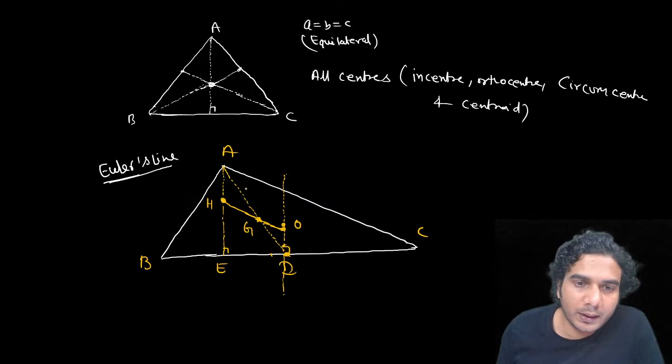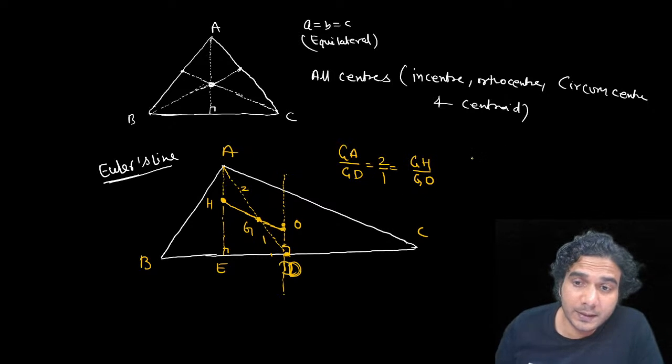And this centroid, you know that the centroid divides the median in the ratio 2:1. You can see these two triangles, triangle GAH and triangle GOD, where this is D. These are similar triangles, right? So if the ratio GA upon GD is 2:1, then the same ratio is going to be GH upon GO also.